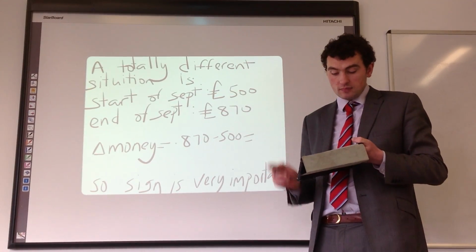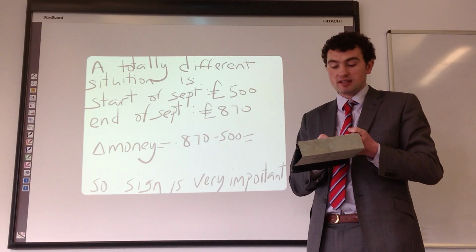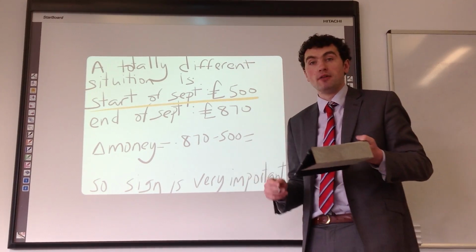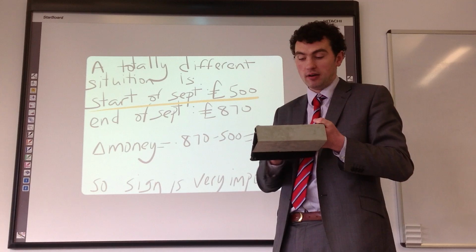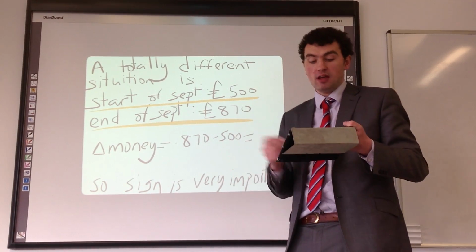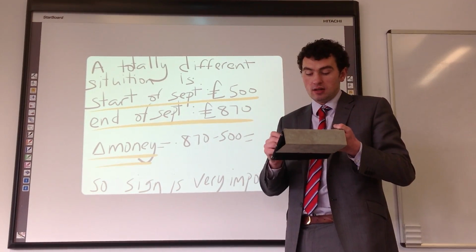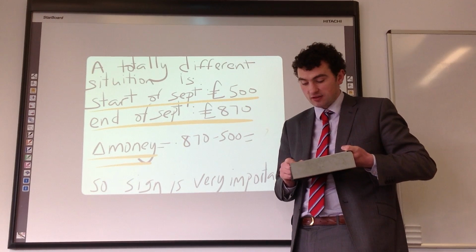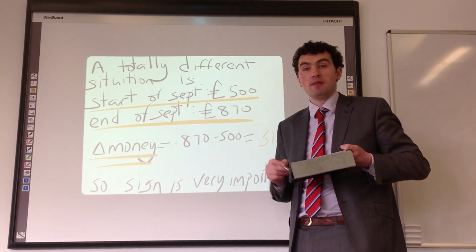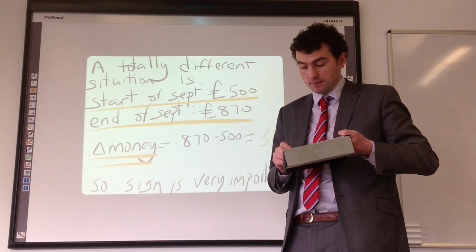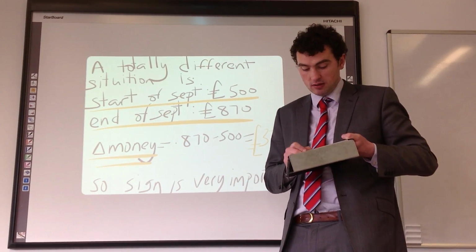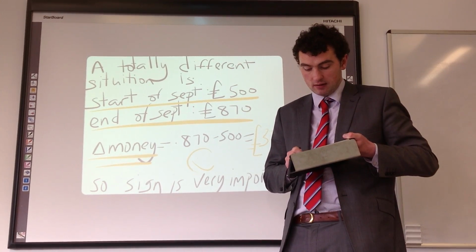Now, a totally different situation is that at the start of September I've got £500, and at the end of September I've got £870. The change in money is, again, the number 370, but this time it's a plus number. So I'm going to be pretty happy about that.